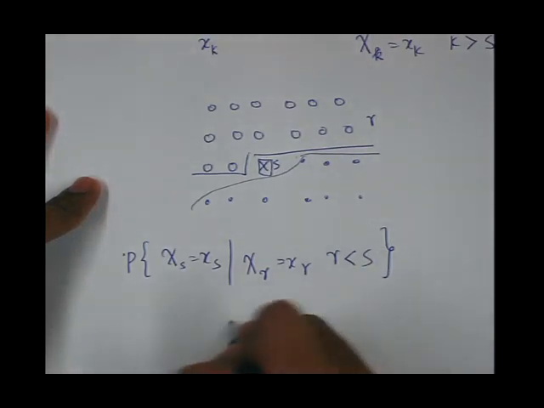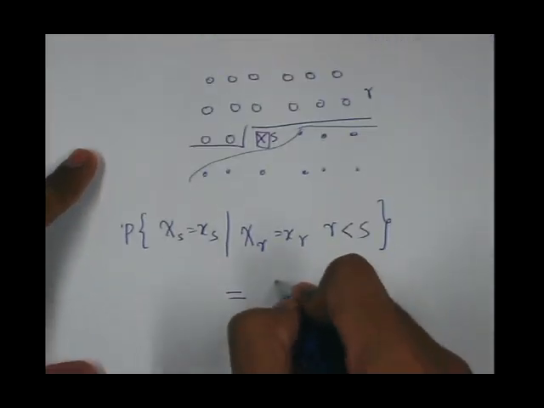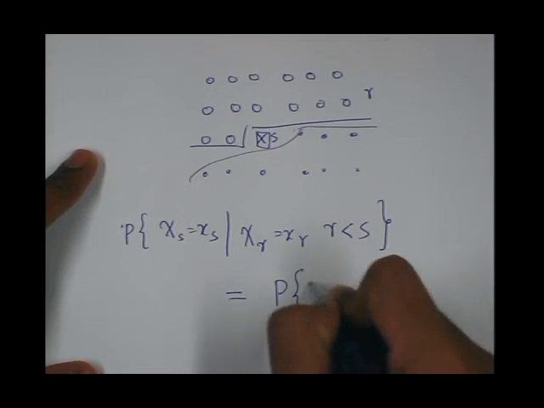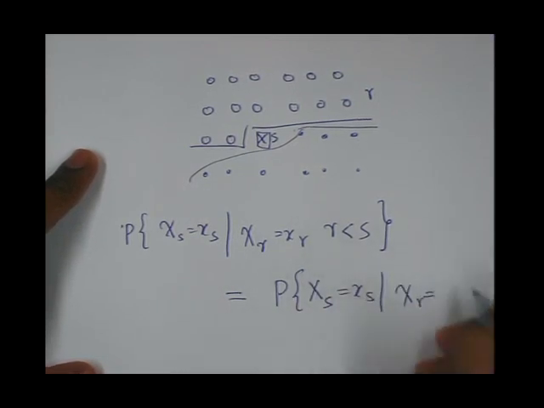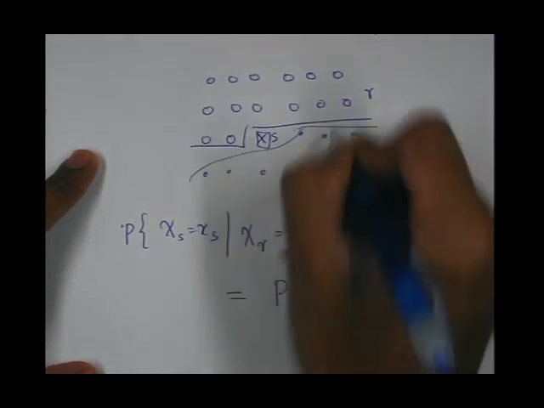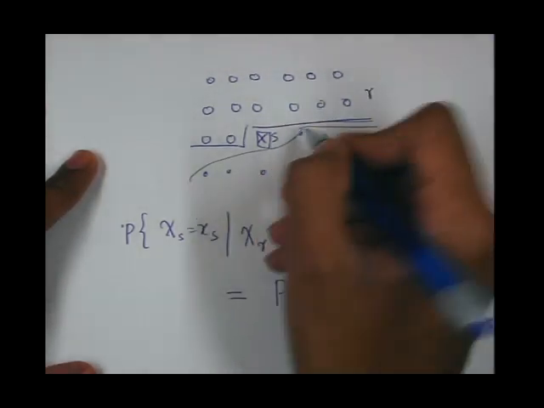What you will get finally is that this probability is only dependent on a certain set along the boundary. So it turns out that, let me just draw this again. I'm going to show the picture first.